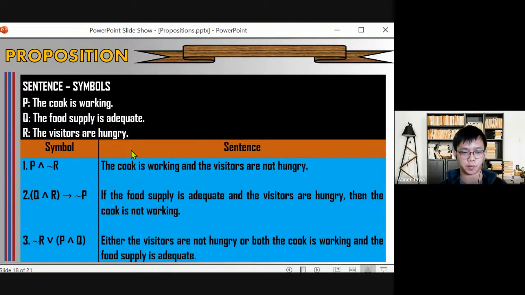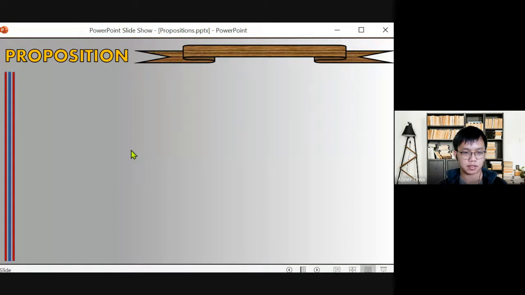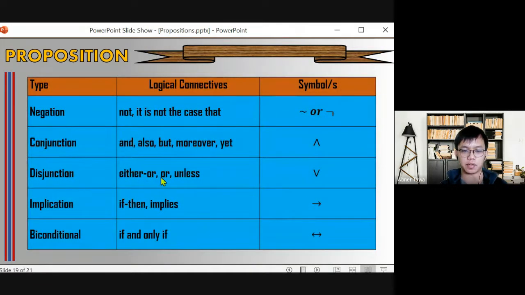Okay. So in summary, we have here the following. Just remember, we have here the types of compound propositions plus the role of negation. When we say negation, this is the denial of a certain proposition. We're going to get the opposite meaning of the given thought.